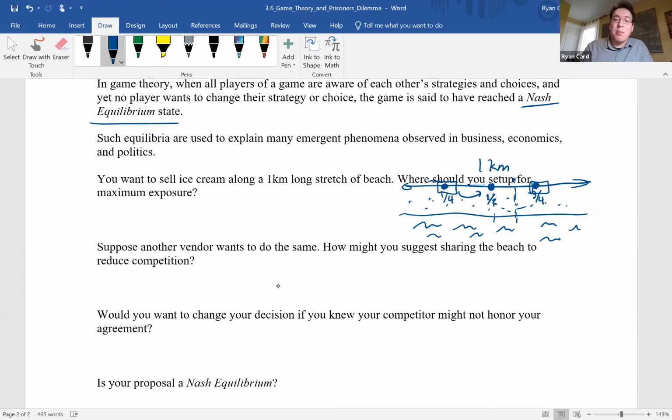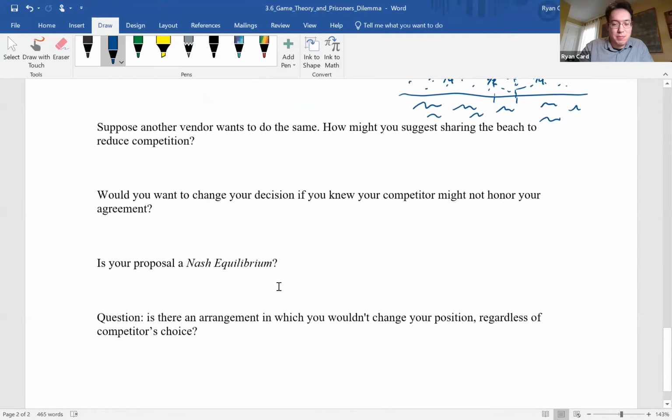Try to think a little bit more and see if you can recommend what would be the Nash equilibrium state in this case. What is the situation where you or the vendor do not want to change your placement, no matter what, no matter where you knew the other person is going to place their store? And then try to convince me that your decision is a Nash equilibrium.